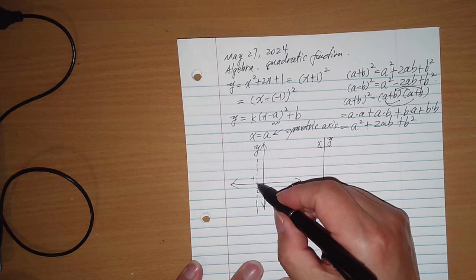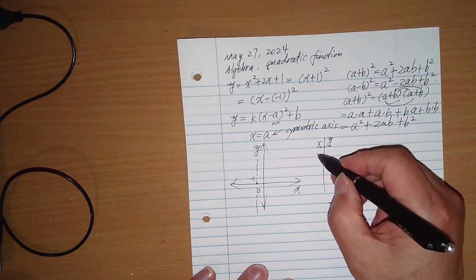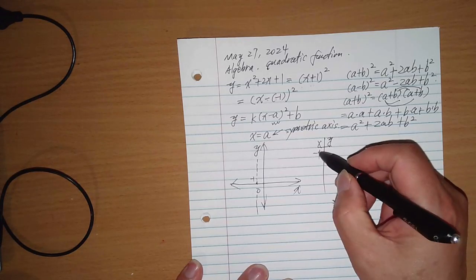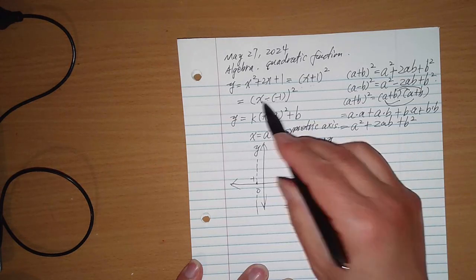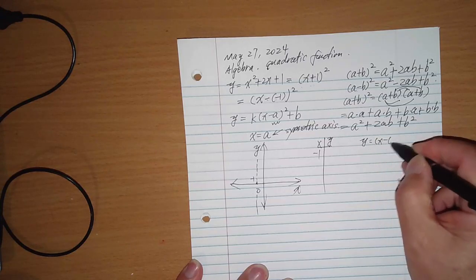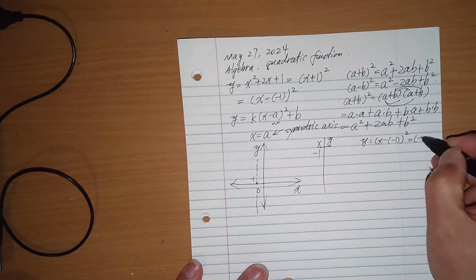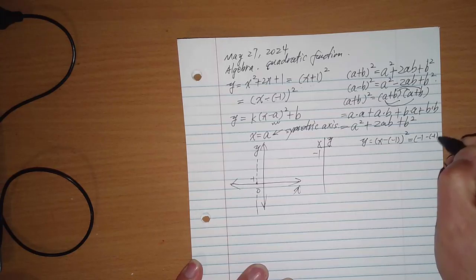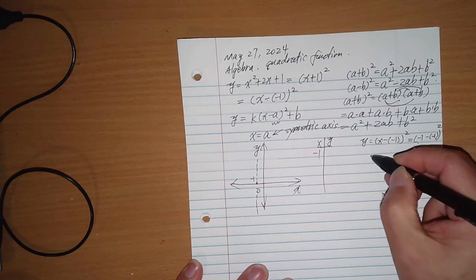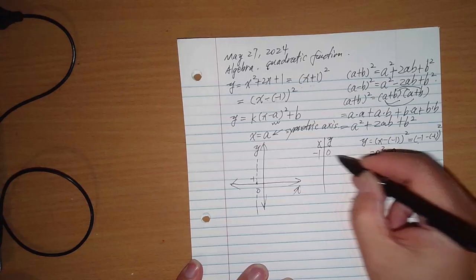So we know right here it's going to be the bottom point. So x equal to negative 1, and then we plug in right here. So y will be (x subtract negative 1) squared, which is (negative 1 subtract negative 1) squared. Negative 1 subtract negative 1 equals 0, squared equals 0.